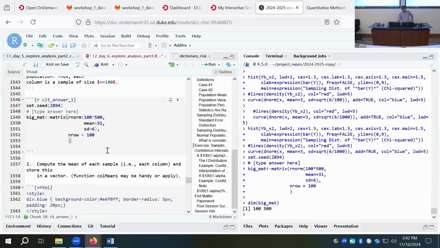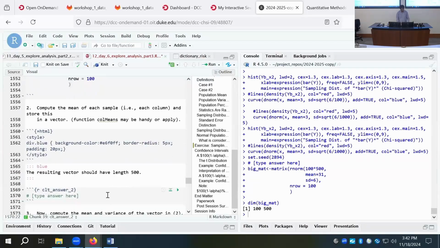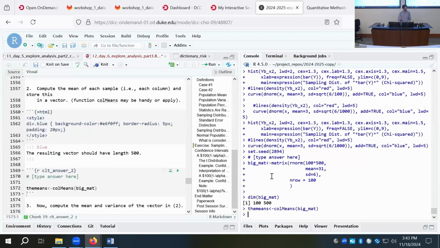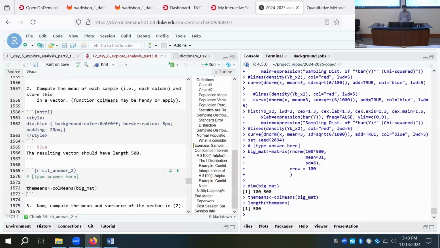All right. Next we're going to get the mean of each of those studies. We can use that colMeans function that we talked about. colMeans of big mat gives us a vector of size 500, the mean across each column.